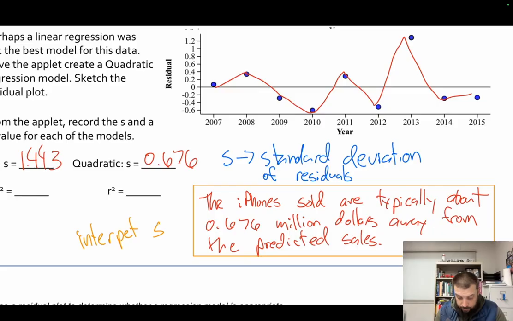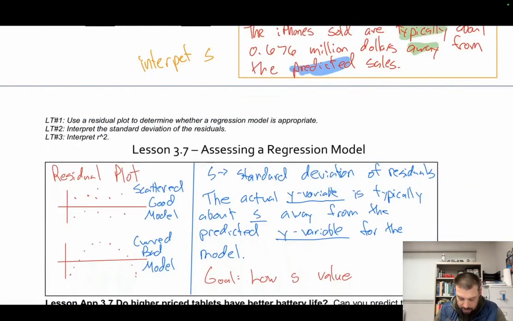Typically is important because that brings in that definition of standard deviation, and then it's typically away from some other key things. Make sure you're talking about predicted sales. Okay, because this is coming off our predicted values, our linear regression line or quadratic regression line. That's a predicted value.